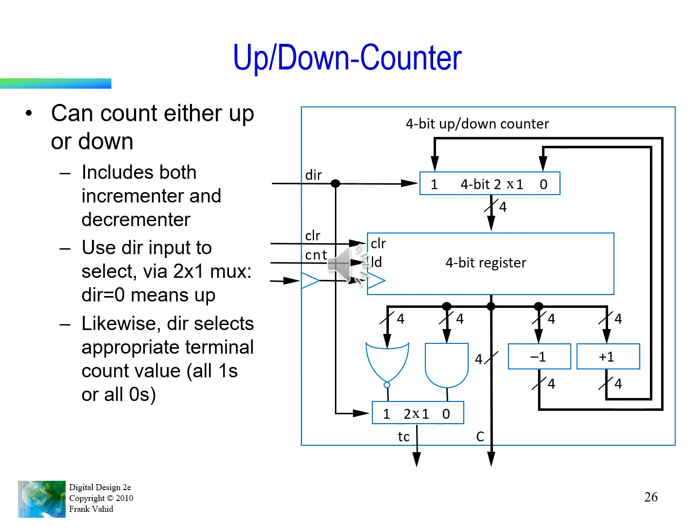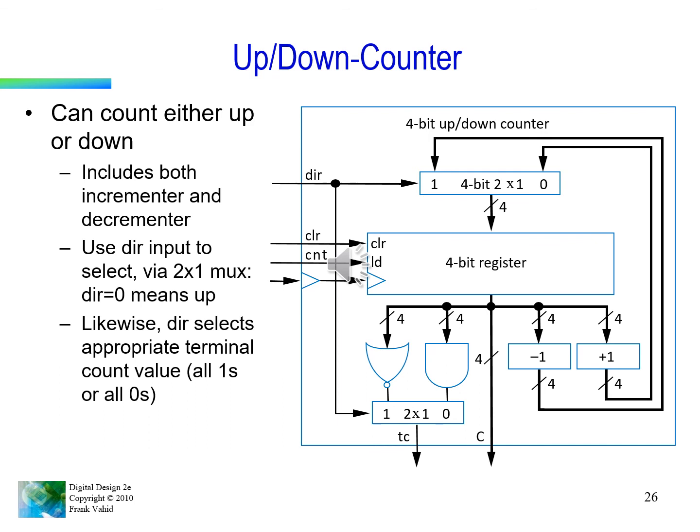Then we have a 2x1 multiplexer which chooses whether the incremented value or the decremented value has to be given to the register, depending again on the direction. 1 is connected with the count down and 0 is connected with the count up. If direction is 1, we have to count down, so the 4-bit register value is decremented by 1, and if the direction is 0, then we have to count up and the register value is incremented by 1.